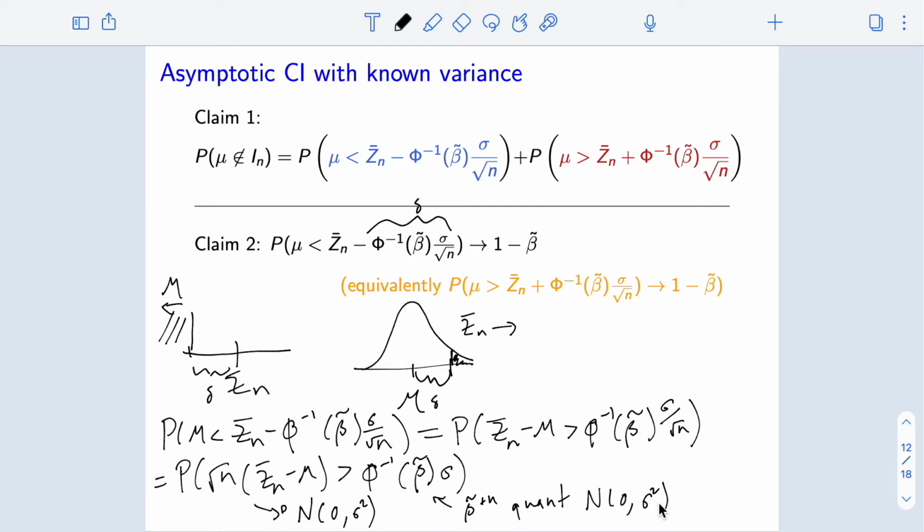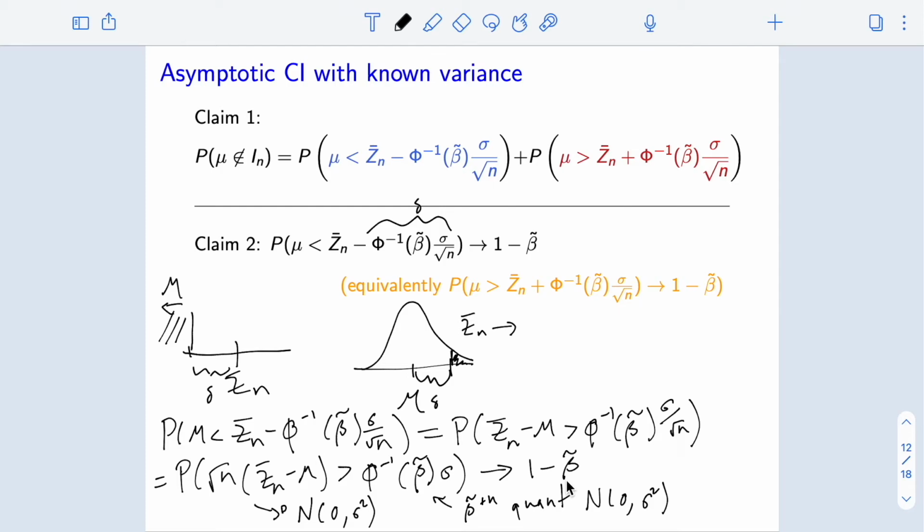So that means, by the central limit theorem, this converges to 1 minus beta tilde, the probability that a normal with mean 0 and variance sigma squared will be greater than its beta tilde-th quantile. And this is just the definition of that quantile. And this completes the proof.